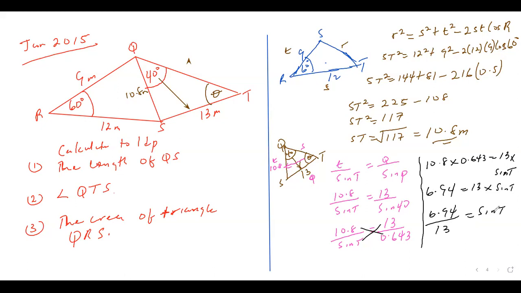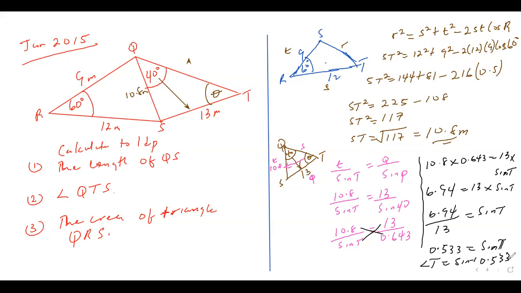Now what will I do next? 0.533 is equal to sine T. So angle T is equal to sine inverse of 0.533.